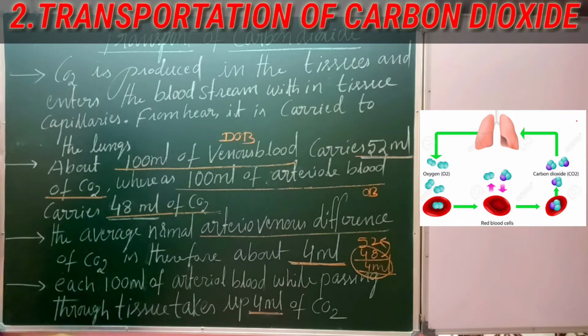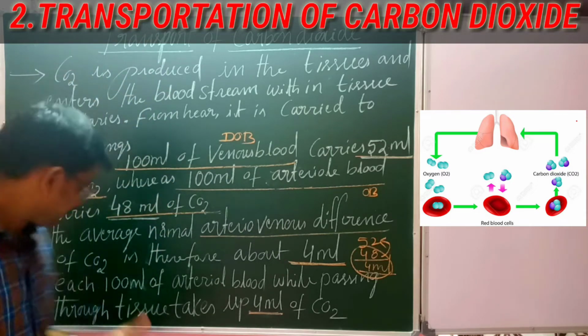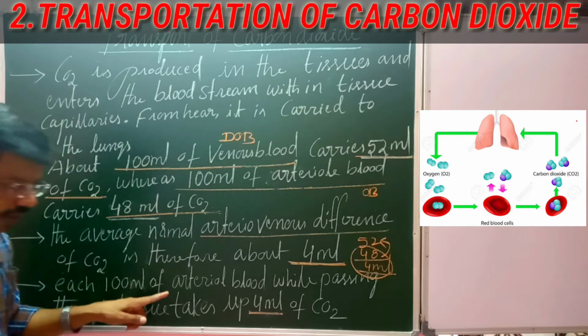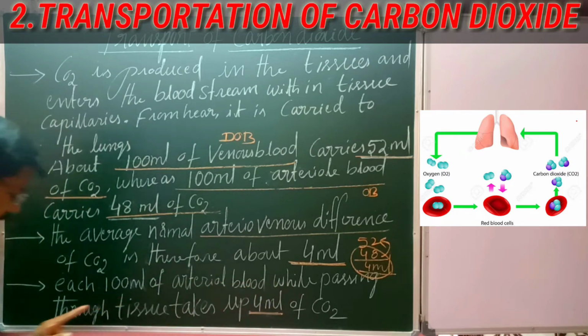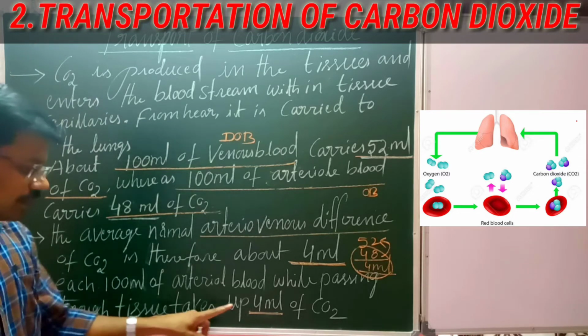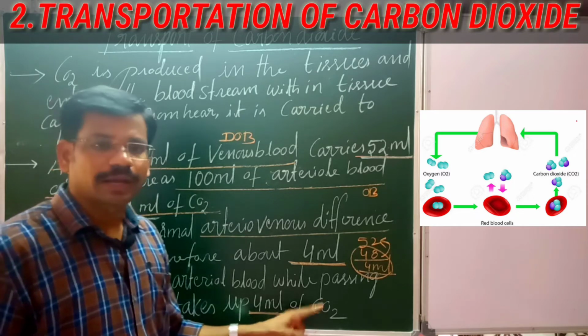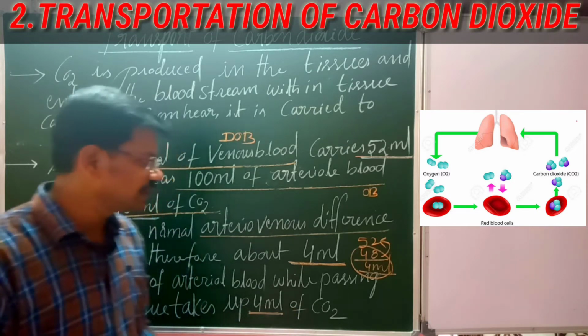This venous blood carries the carbon dioxide towards the lungs. Then each 100 ml of venous blood, while passing through the lungs, sends off 4 ml of carbon dioxide. Very important events.